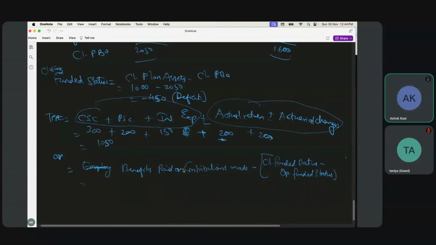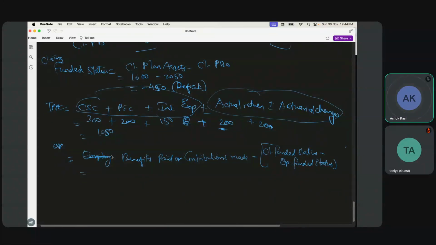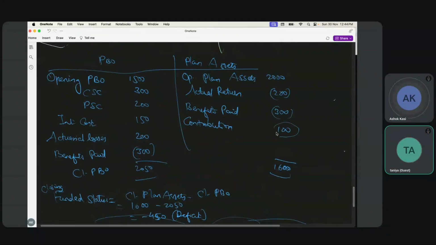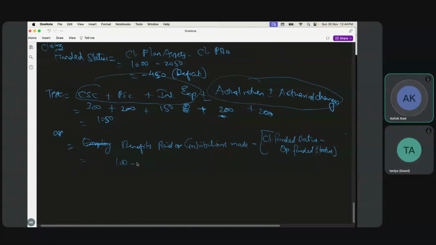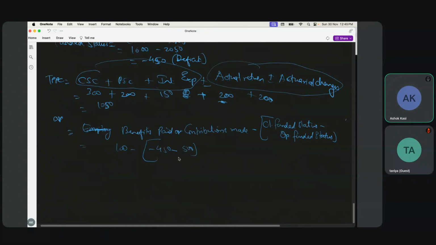So contribution is 100. So 100 minus closing funded status, which is minus 450, minus opening funded status, which is positive 500. That is plus 1050, correct? Okay.